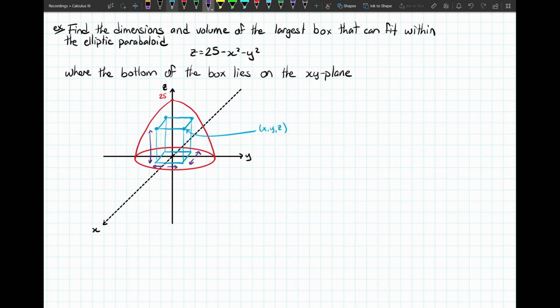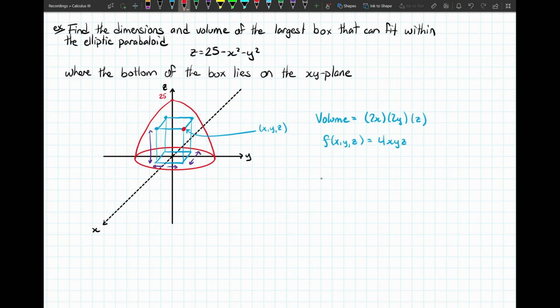Putting all of that together will give us a volume. We'll have 2x times 2y times z. That's our function that we're trying to maximize. f of x, y, z is 4xyz. Now, the constraint is that that particular coordinate, x, y, z, is also on the surface z equals 25 minus x squared minus y squared, so it has to satisfy that equation.